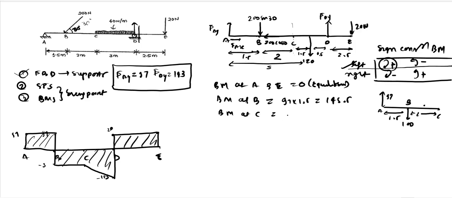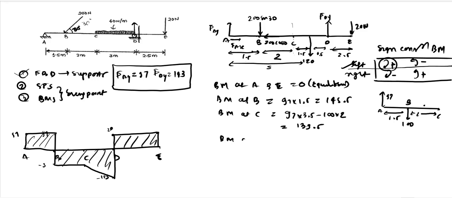So we have 97 into 3.5, because this is 2 plus 1.5, which is 3.5, and it is in the clockwise direction, so we will take it as positive. Minus there is 100 into 2, because it is in the anti-clockwise direction, so we will take it as negative. We have 97 into 3.5 minus 200, which is 139.5.